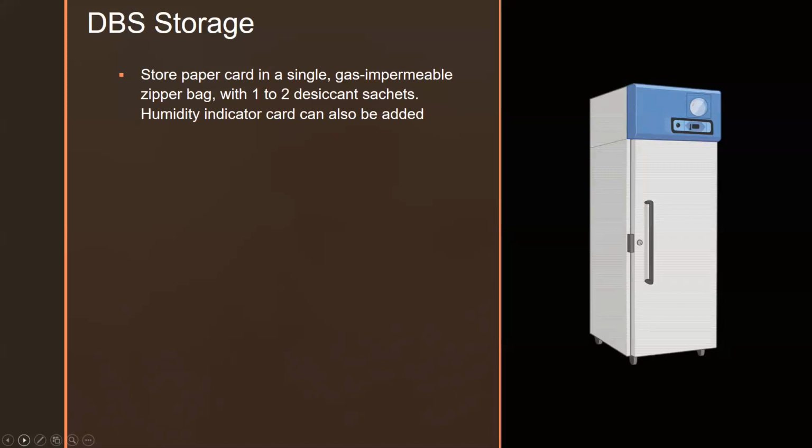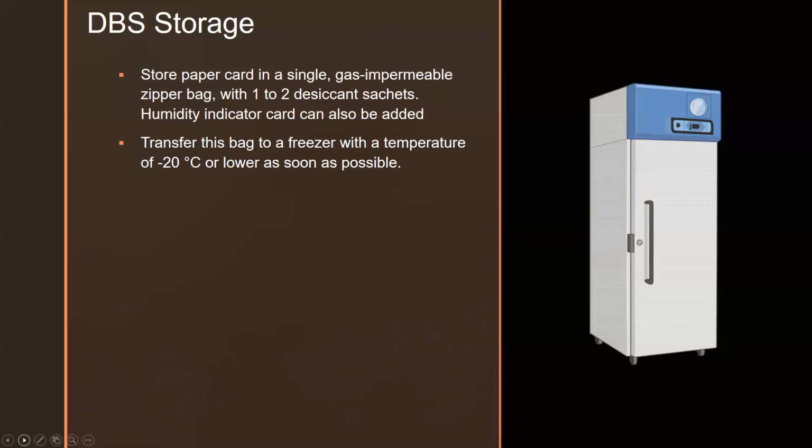That's actually a really good idea to eliminate errors, to figure out if humidity got to your sample. So do both. Again, for that initial transfer, it's fine that you're just using the desiccant, it's dried, you have the humidity card, but as soon as possible, you do want to get it to at least negative 20 degrees.